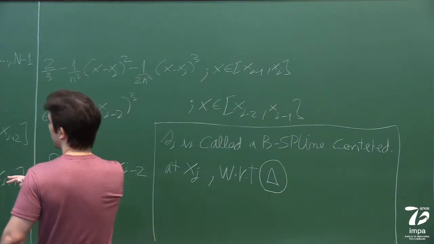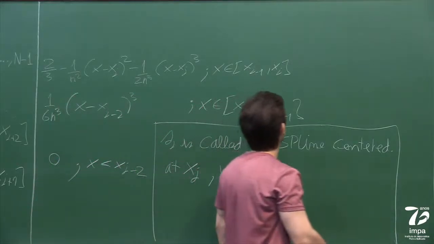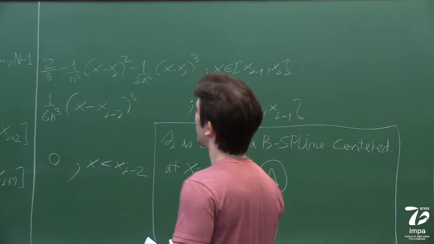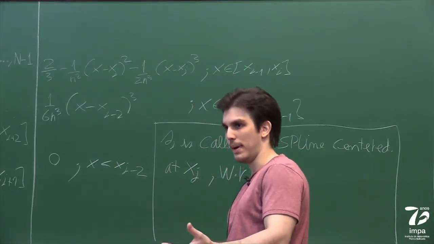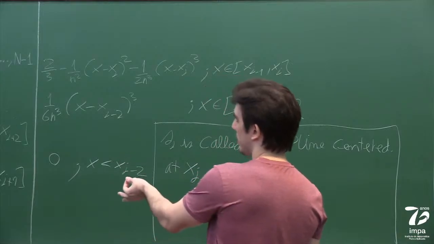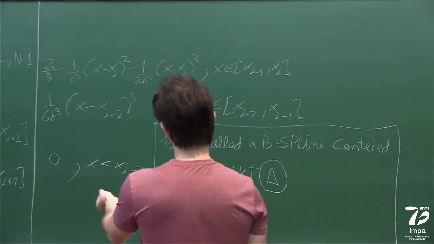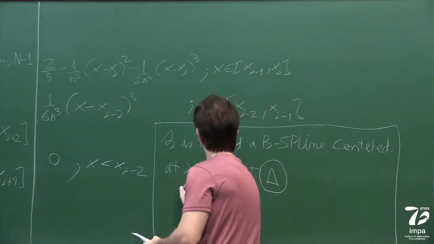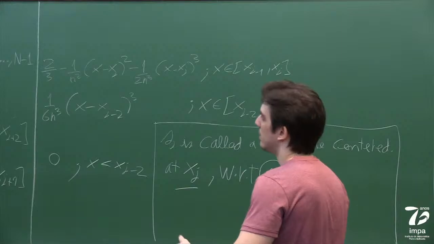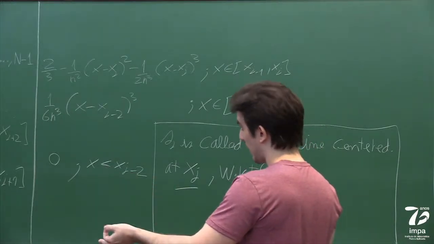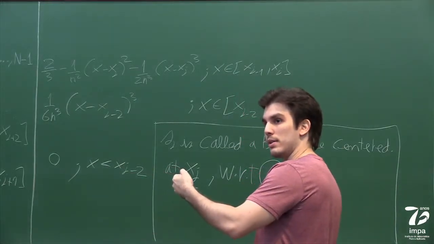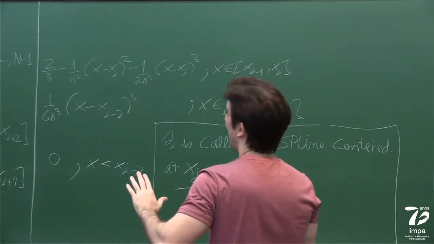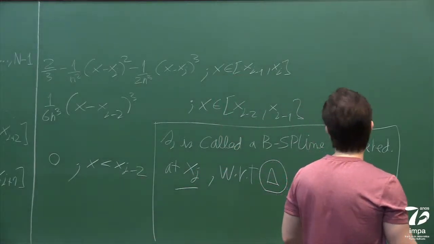So just to abstract a little bit, sj is just a function which depends on parameters. It depends on the mesh point at which you are centering your B-spline, in this case xj. It depends on 2 j's to the left and 2 j's to the right. Okay, so let's have that in mind.